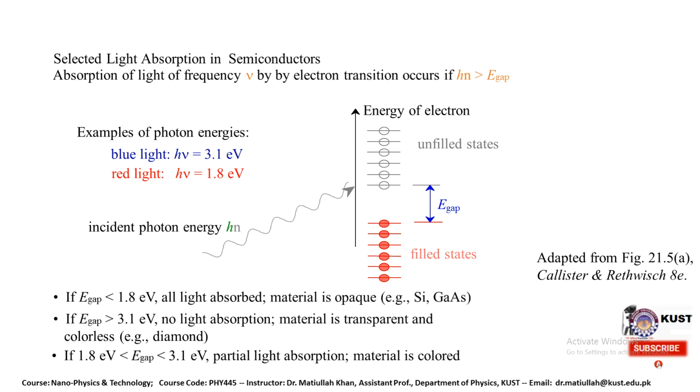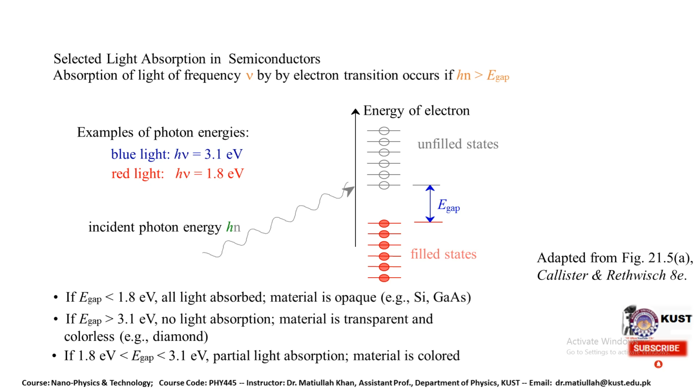If we have a photon, a blue light, whose energy is equal to 3.1 electron volt, it will be absorbed if the band gap of that particular material is 3.1 electron volt. Similarly, red light will only be absorbed if the band gap in that particular semiconductor is equal to 1.8 electron volt.